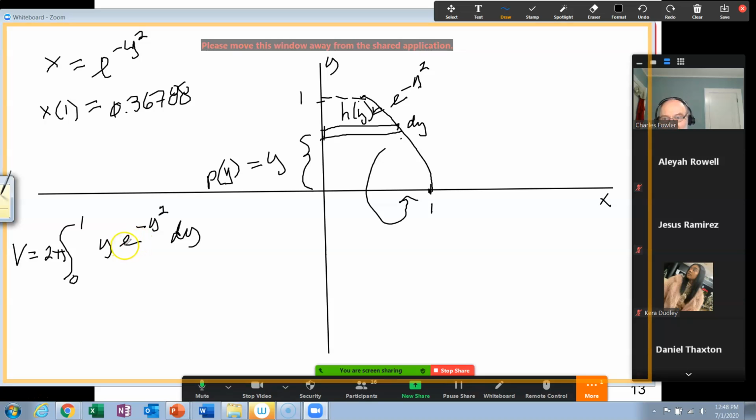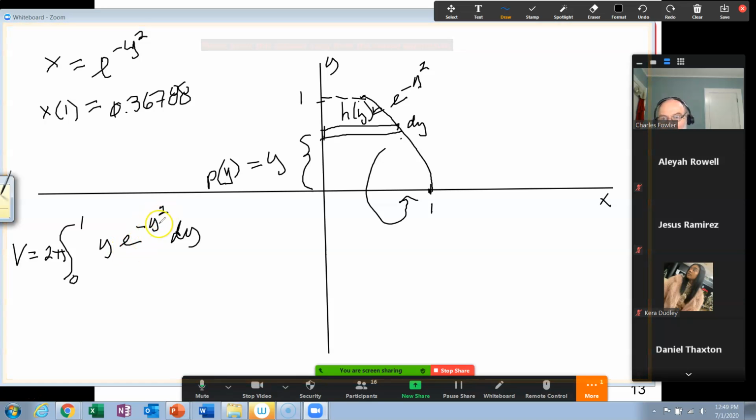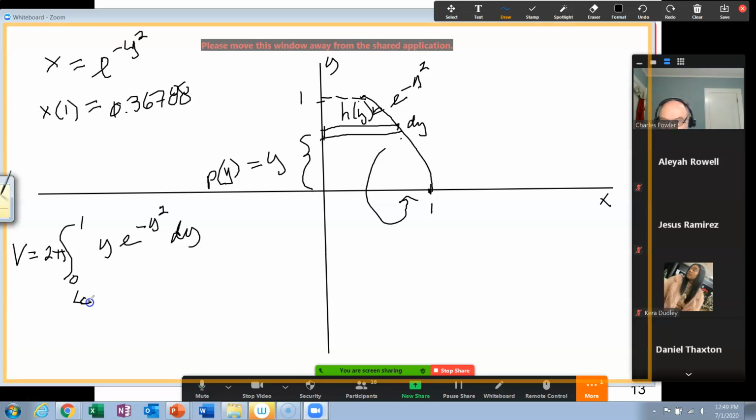Well, I would say definitely the e is the most complicated part. The innermost part of that would be minus y squared. So let's let our good old u equal minus y squared.